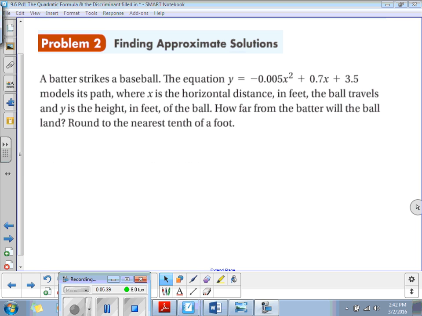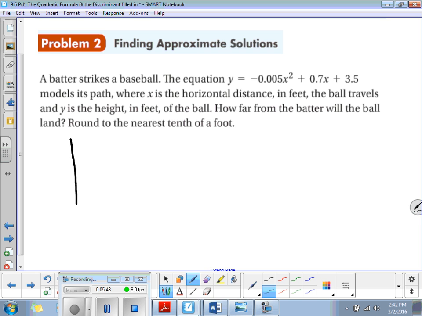When we're talking about x being the horizontal distance and y being the height, if I sketch a graph, this horizontal distance, when we start at 0 feet away, suppose the person, the height is there, because you know when you throw the ball, it's going to be up here, right?